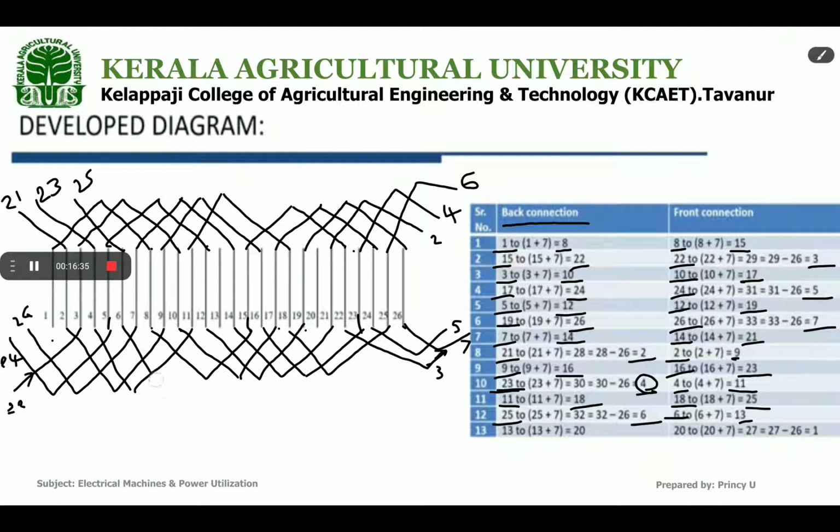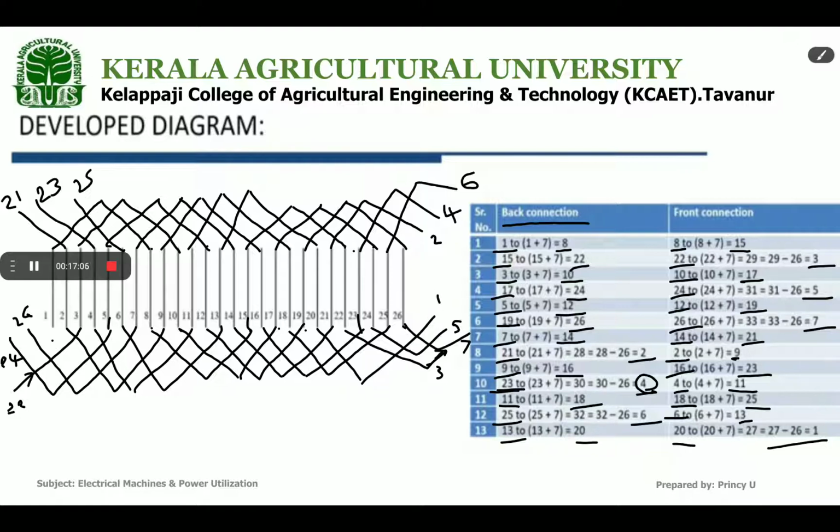25 to the 6th conductor, and on the lower side from 6 it comes to 13. So 6 to 13. Then from 13 to 20, and from 20 to 1. From 20 it should go back to the first conductor. So it should be up to 1.